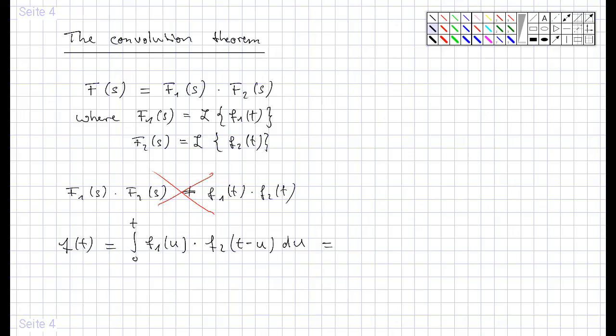This is called the convolution of two functions f1 and f2.